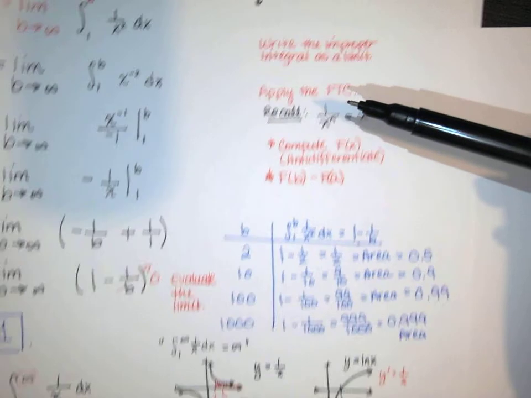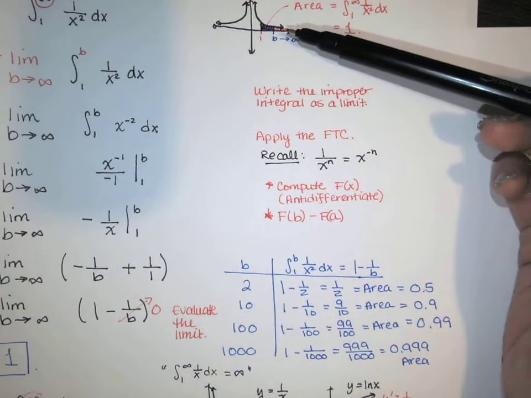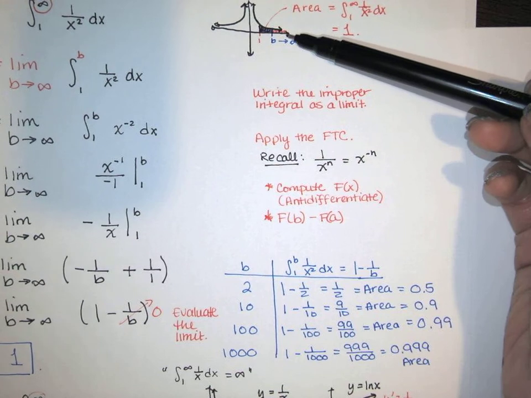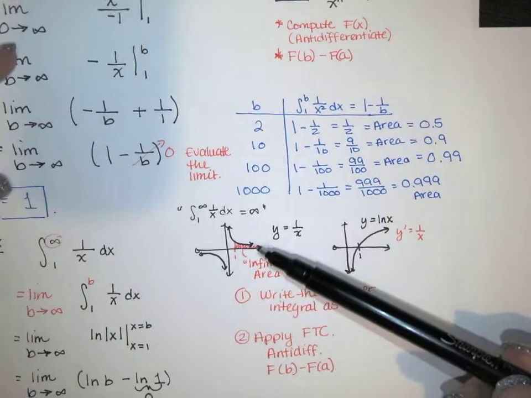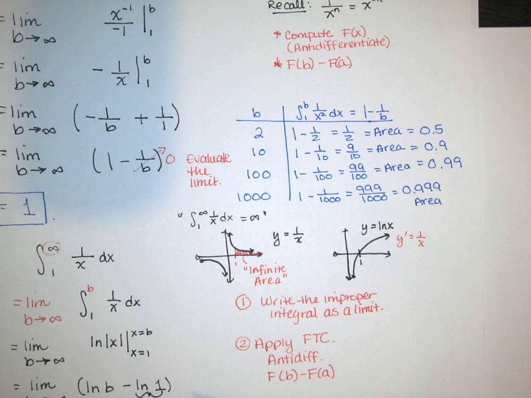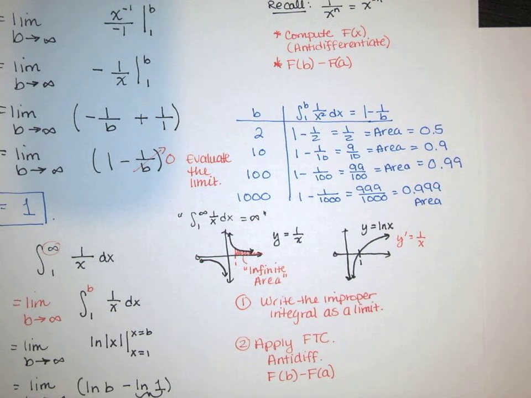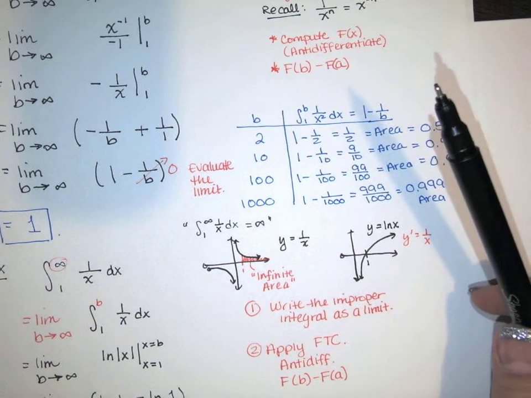Yeah, so there's not really any way of telling just by looking at the picture whether it's going to be finite or not. That looks like it might be finite or it might be infinite. This looks like it might be finite or it might be infinite. Actually, we can come up with a rule for like 1 over x to the p if we want to. And we might do that in another video.